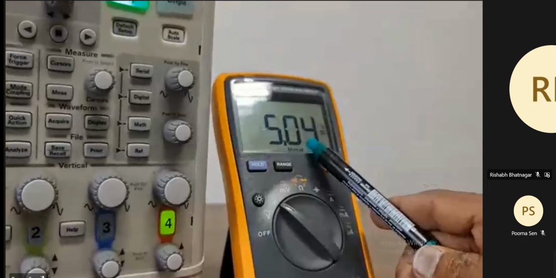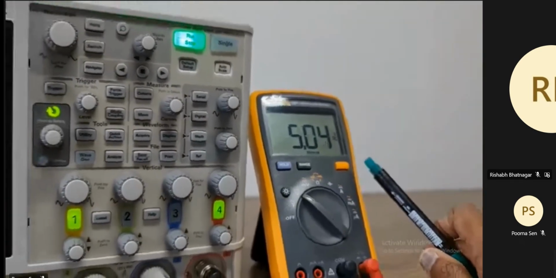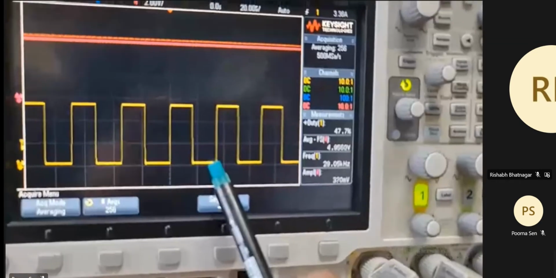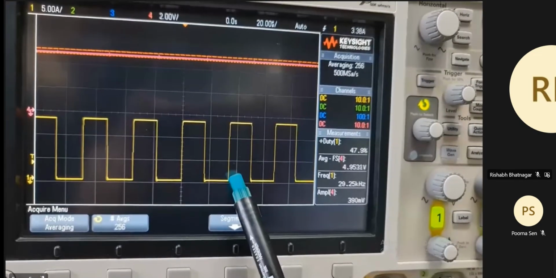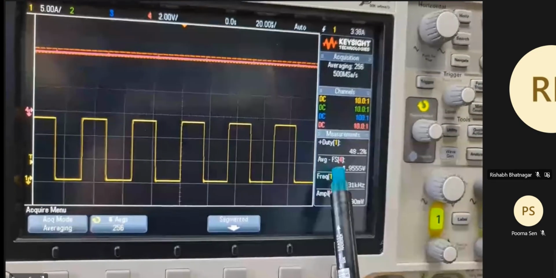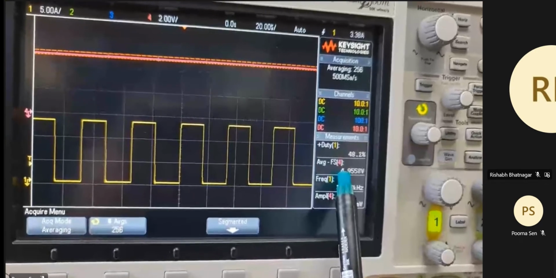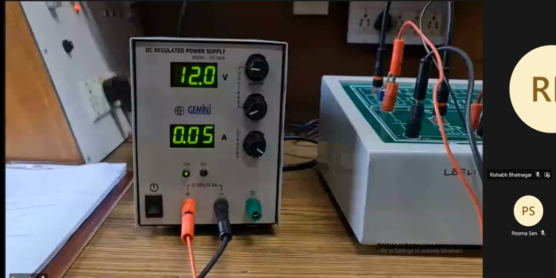From these measurements, we can easily understand that whenever there is any change in supply voltage, the PWM signal duty ratio is continuously adjusting, such that the load voltage is maintained close to 5 volts. We will now demonstrate how this converter regulates against change in the load.